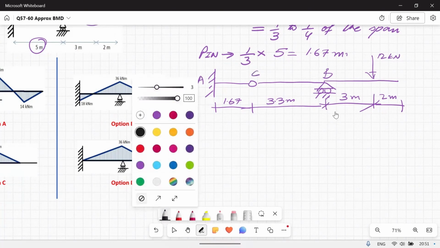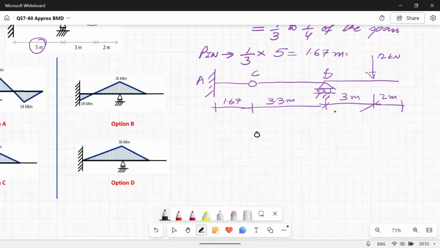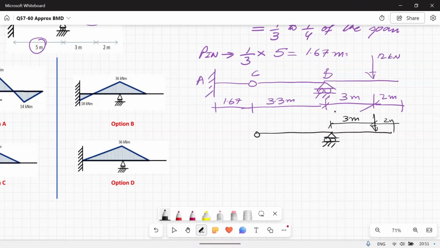So isolating the right side will give me this diagram, 3 meters and 2 meters. This is 12 kilonewton and here it is 3.3, and I'm assuming that this pin is a pin support. So this is similar to this one. This is C, this is B. Summation of moment at C is equal to 0 because this is a pin.